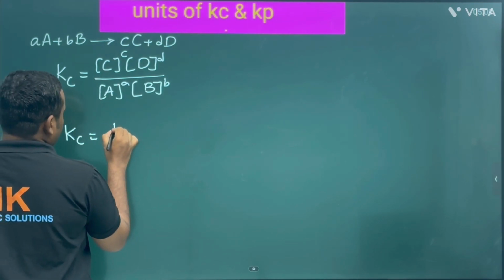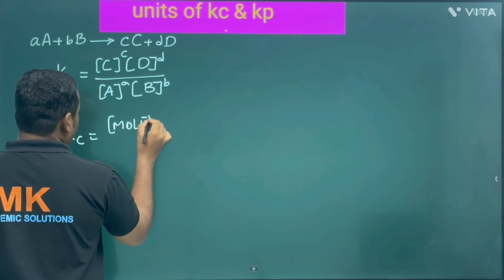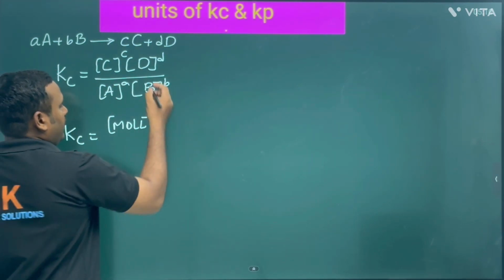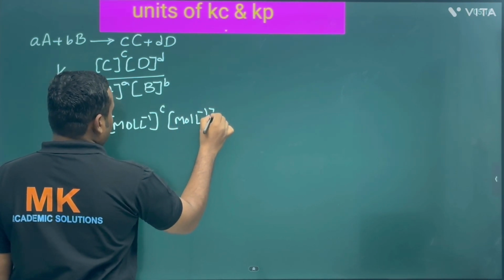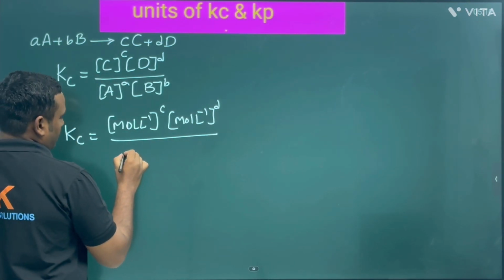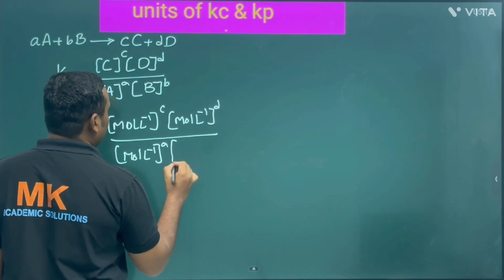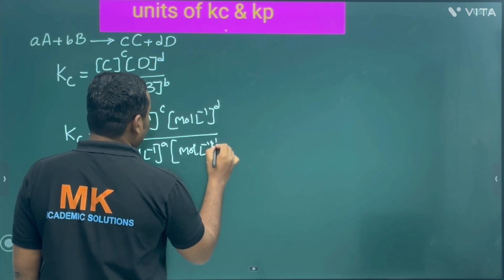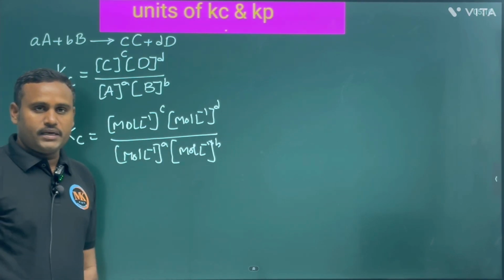So the concentration of C is moles per liter to the power c, and the concentration of D is also moles per liter to the power d, divided by the concentration of A, also moles per liter to the power a, into moles per liter to the power b. Okay, these are the units of the different reactants and products.